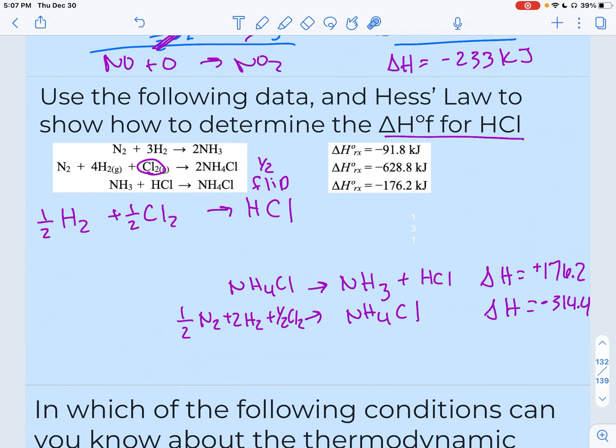So you can go back to H's and figure it out, but I'm going to use N2. N2 right here needs to cancel out here because we do not have N2 in our overall reaction. So I'm going to flip this and multiply it by 1/2.